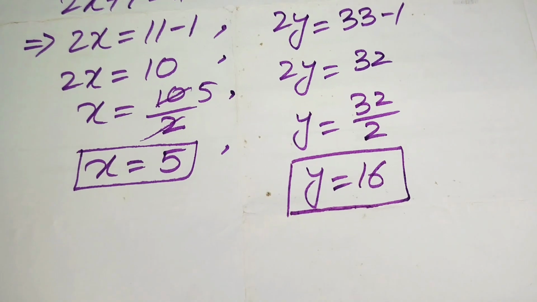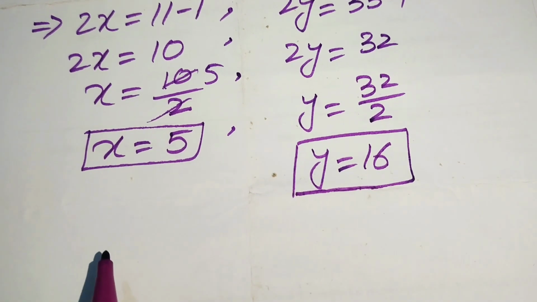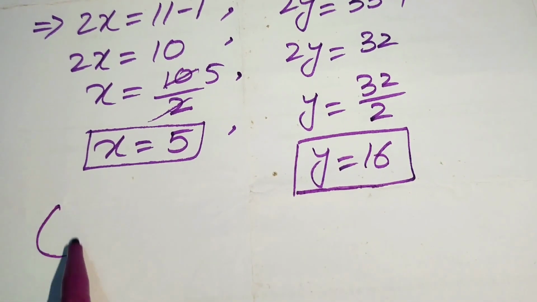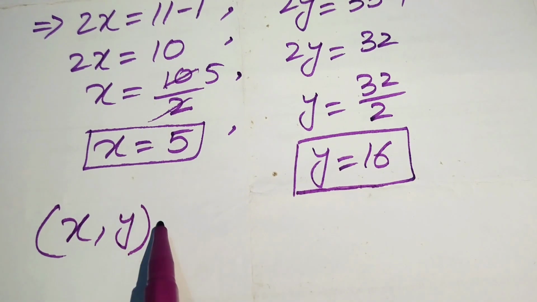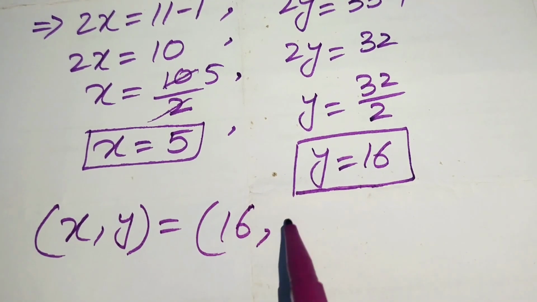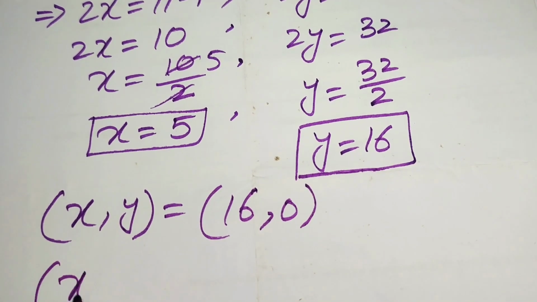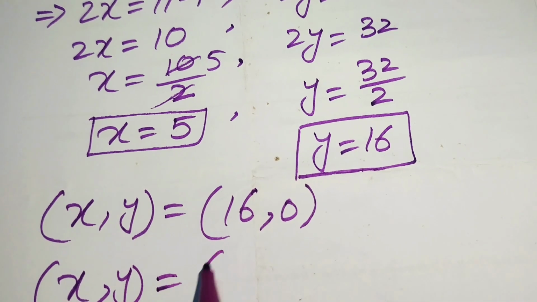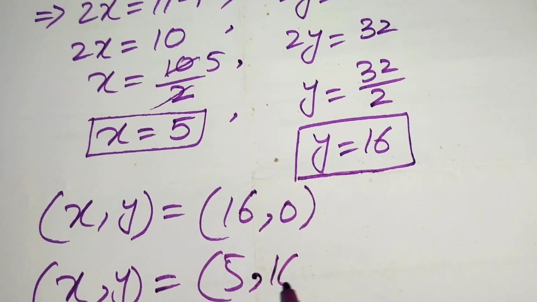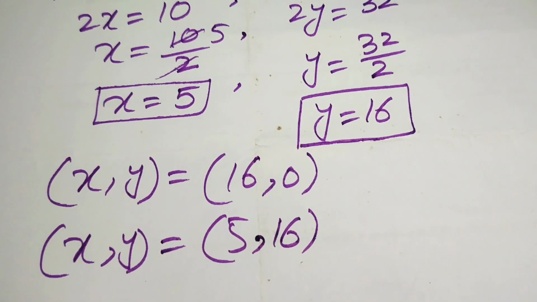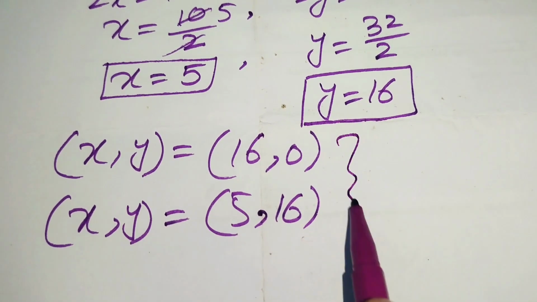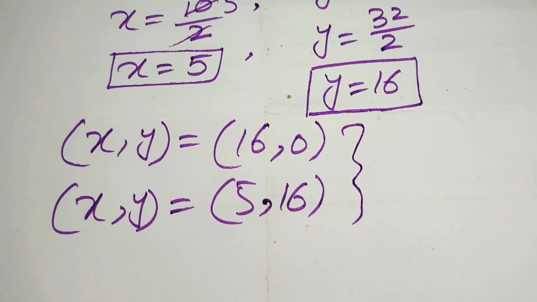These are the two values of x and y. So finally we have the two solutions of the given equation. The first solution is (x, y) equals (16, 0), and the second solution is (x, y) equals (5, 16). This is the final answer of this question.